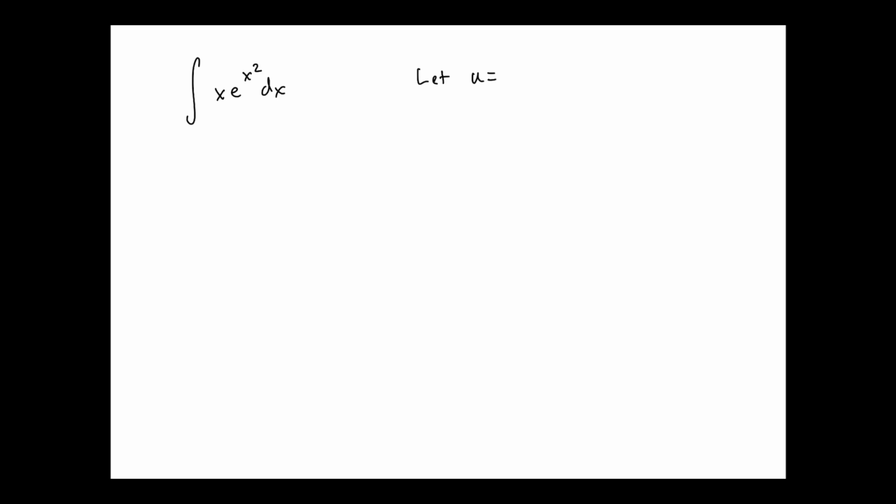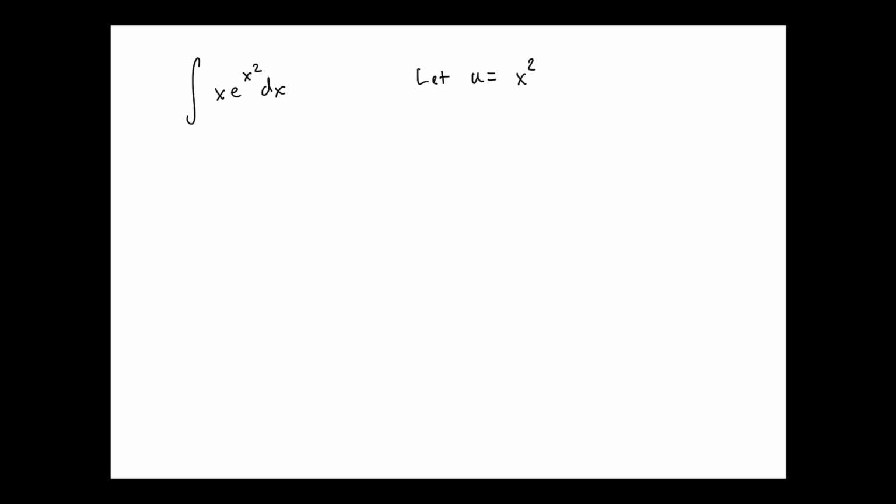Yeah, we're kind of fresh out of options, right? So let's just let u equal x squared. Okay, now, in this particular example, or the other ones, it was pretty obvious what to make u. As the problems get a little bit spicier, it becomes sometimes less obvious what u is.